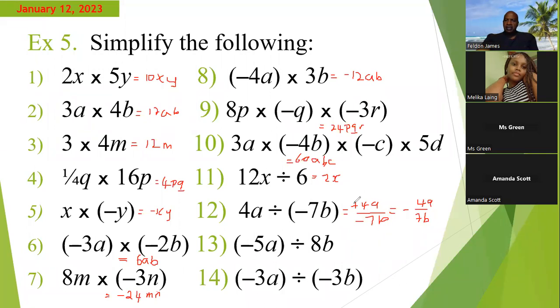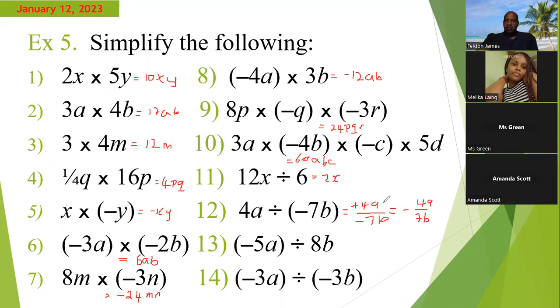So this in itself is not the final answer. The final answer would be, after we divide this positive by this negative, we know that when you're dividing a positive by a negative, the overall value is going to be negative.